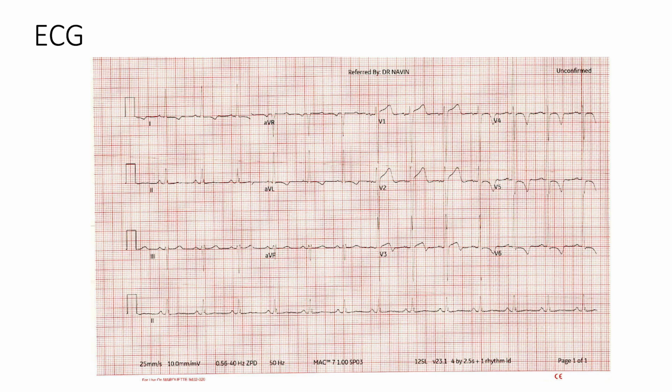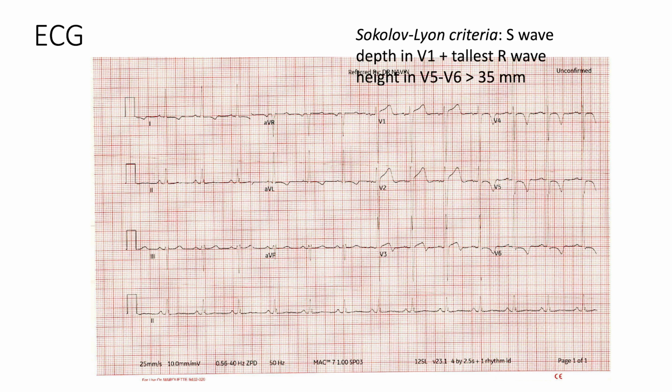My apologies if the ECG is not very clear, right? So I'll just comment a bit on the ECG. This is a very classical ECG showing left ventricular hypertrophy. If you look at the Sokolow-Lyon criteria, you have deep S waves in V1 and tall R waves in V5 and V6, right?